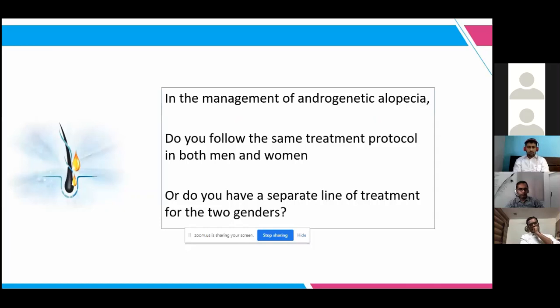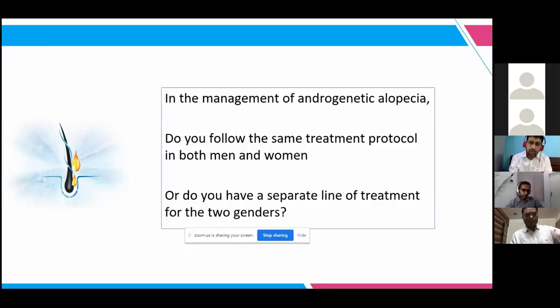Abhay. In the management of androgenetic alopecia, do you follow the same treatment protocol in both men and women, or do you have any separate line of treatment for the two genders, Dr. Abhay? So what I would do is, when you talk about management, first we confirm the diagnosis and the confusion which we just solved between chronic telogen effluvium versus androgenetic alopecia. That is more concern in a female patient.